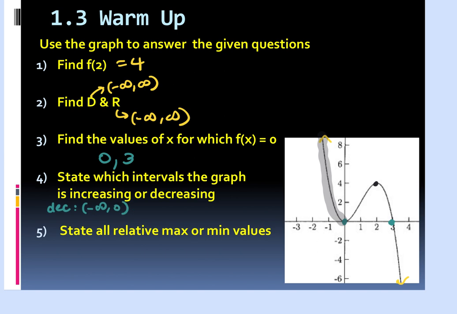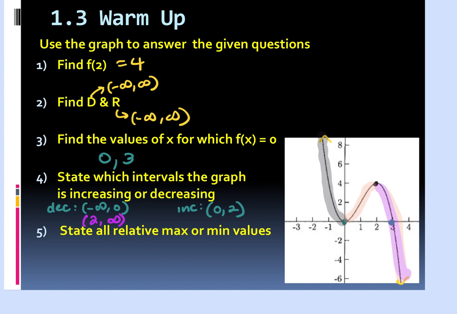Then it comes back up, so it's increasing from 0 to 2. And then it goes back down. So decreasing again from 2 to positive infinity. There's no horizontal line, so it's not constant. Is it alright if you put union between? Yeah, it doesn't matter. You can either list them or you could put union.